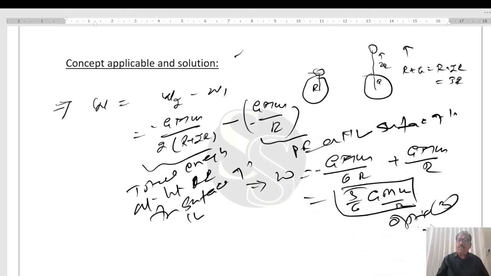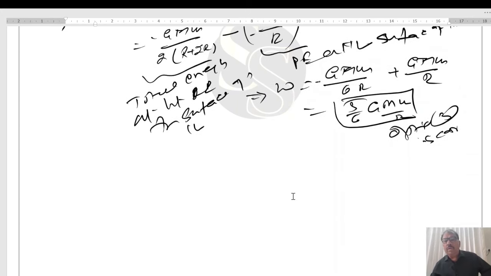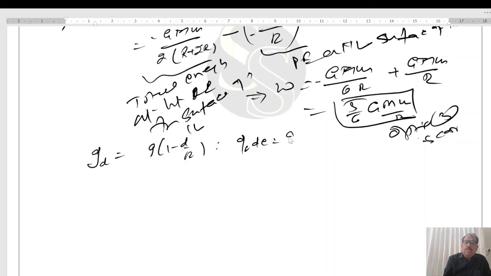Now, in addition to this question, I will give certain additional information which will be very, very useful for NEET exams, JEE exams, CUET and other entrance examinations. You know, g at depth. If you go down into Earth, g(1 minus d upon R). Percentage decrease, d by R into 100. g at height, g(1 minus 2h over R).